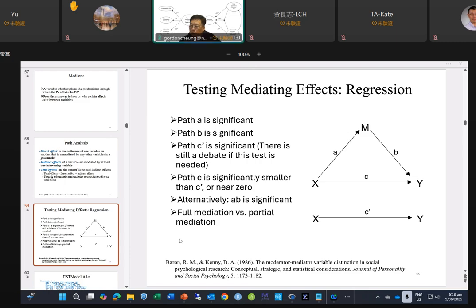Why is this wrong? Because if you remove this, that means you're assuming this is zero. All the effects will go to AB. It depends on the direction, whether it is the same as AB. If it is, it will inflate AB, or otherwise it will make AB lower. So always estimate this path.